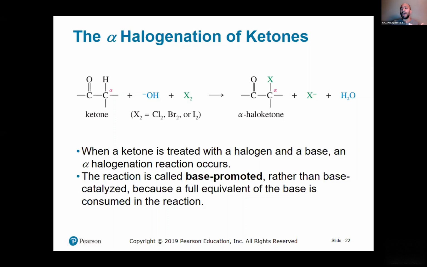It's important to keep in mind that if I have the base catalyzed alpha halogenation, there's a chance that I might end up getting multiple halogenation steps if I have enough of the base. So the acid catalyzed alpha halogenation becomes a safer choice if I have more than one acidic alpha hydrogen.